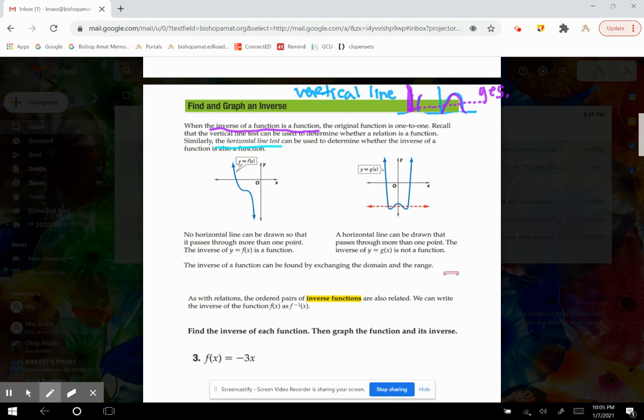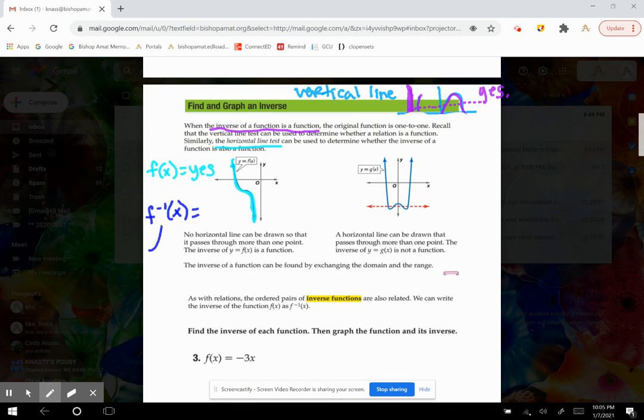So let's look at here. Right here, this is f(x). This is a function because it meets my vertical line test. Now, our question is f inverse.